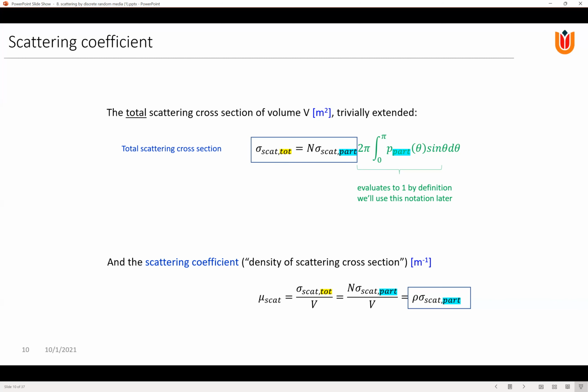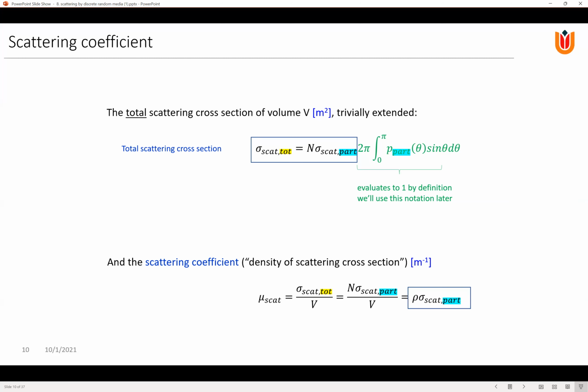I've made the equation a little bit more complicated because I can use that later on, to include the phase function. The phase function describes how the light is distributed over the different angles. That is P of one particle, but also the integration over sin theta d theta and over phi, which is implicit because the 2 pi already implies that I've taken that into account.